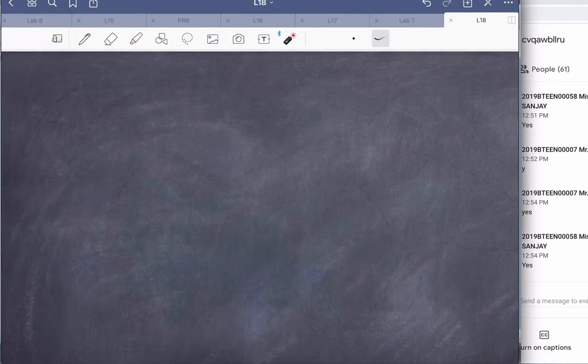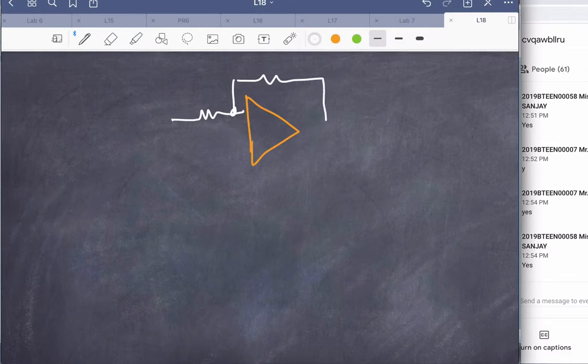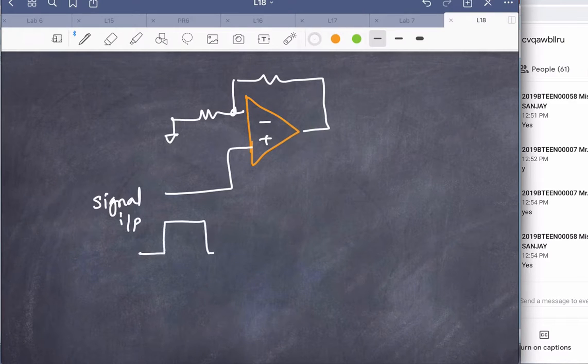suppose I have a square wave, suppose I have an amplifier, then I have a signal input, but this is square wave. We expect the output also to be a square wave with higher voltages.